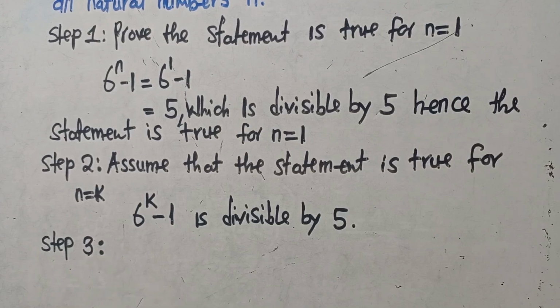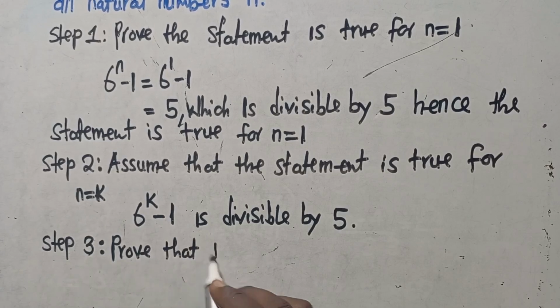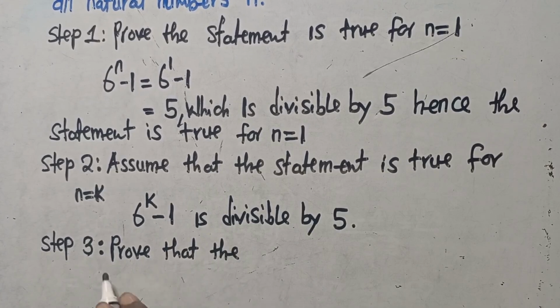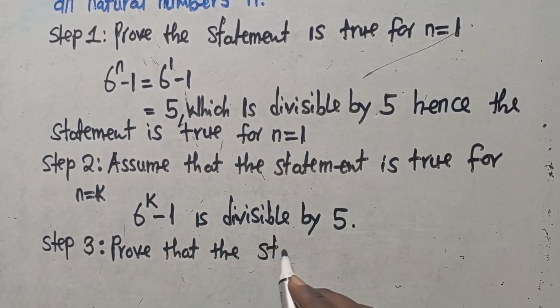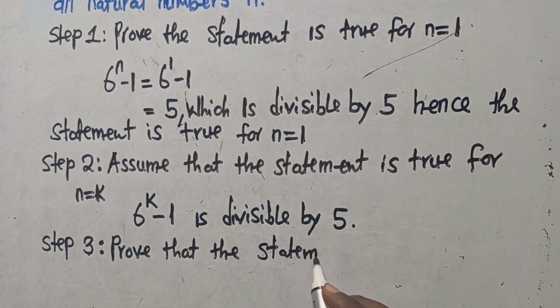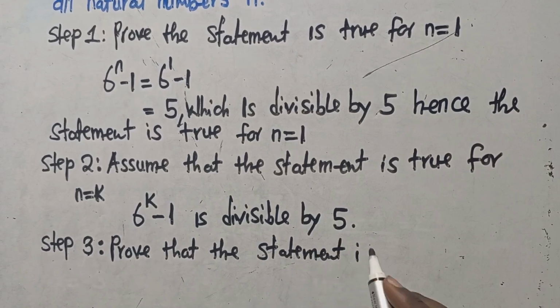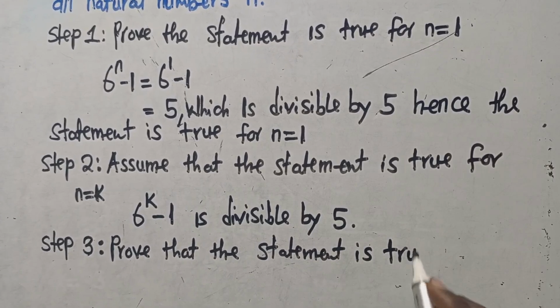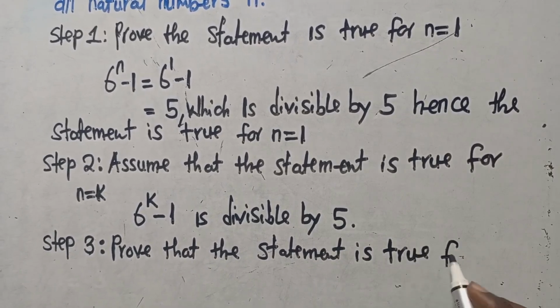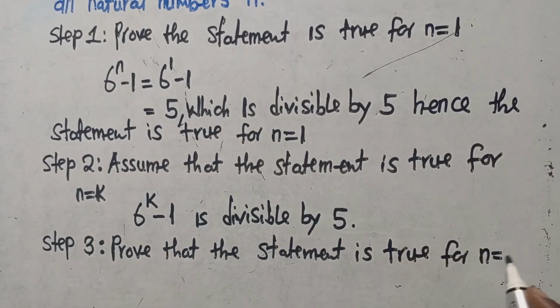So step number 3, what are you going to do? Step number 3 is where you now prove that the statement is true for n is equal to k plus 1.